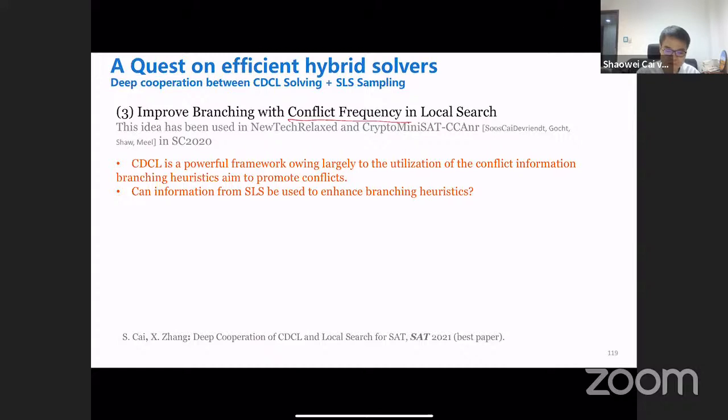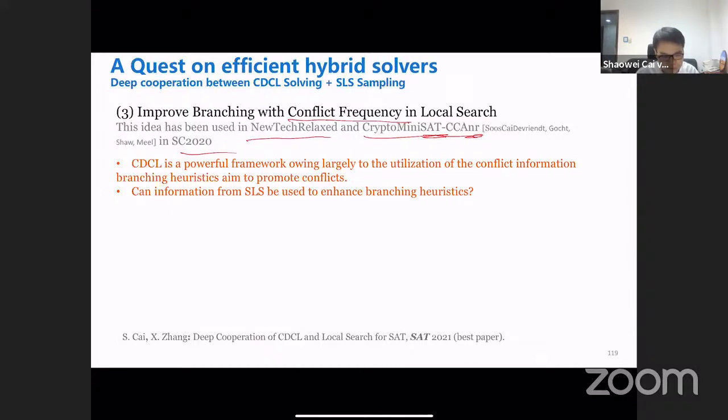Afterwards, we went back and developed the ideas separately. Finally, in 2020, we found that this similar idea had been used in both Relaxed and CryptoMiniSat. This is a cooperation between Soos and me, and also Kaldip and many other people.